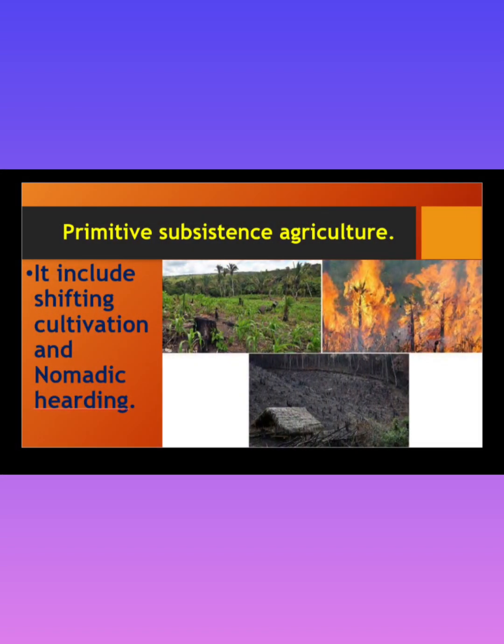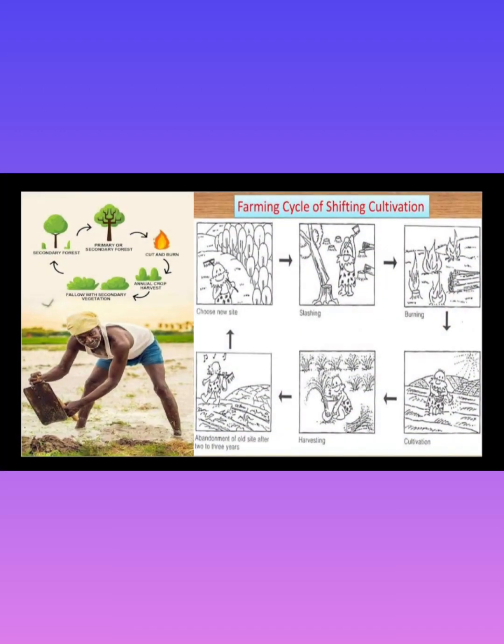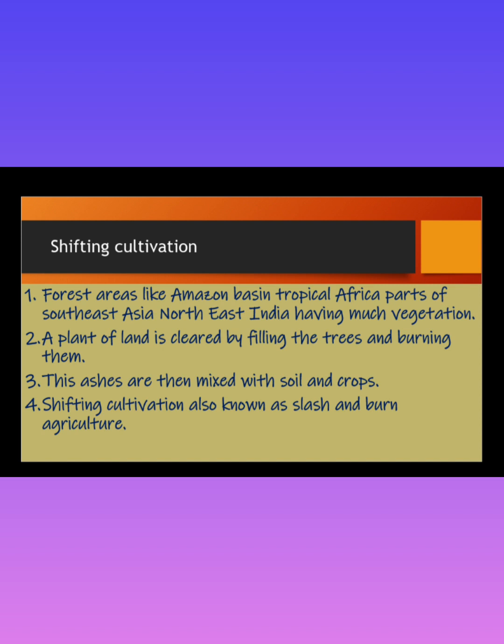The ashes are then mixed with the soil and crops like maize, yam, potatoes, and cassava are grown. After the soil loses its fertility, the land is abandoned and the cultivator moves to a new plot.